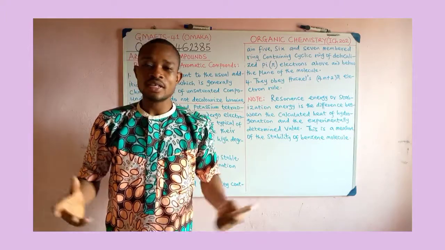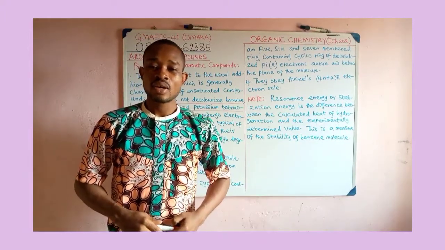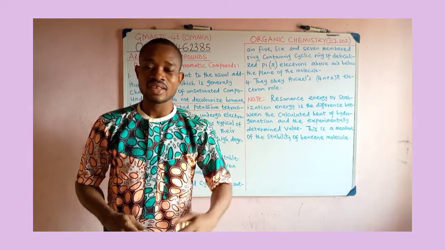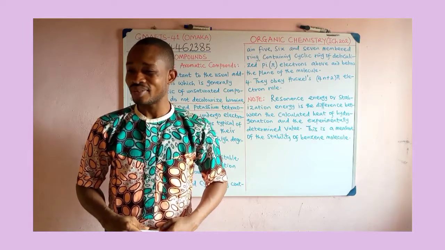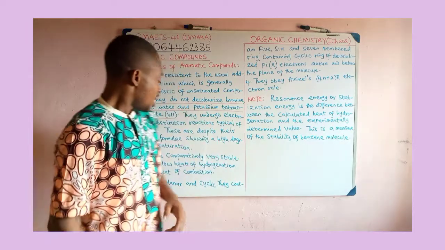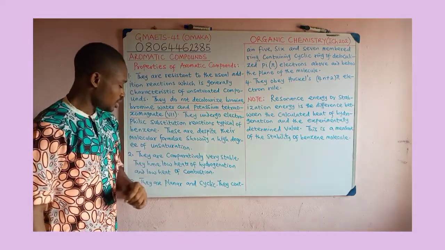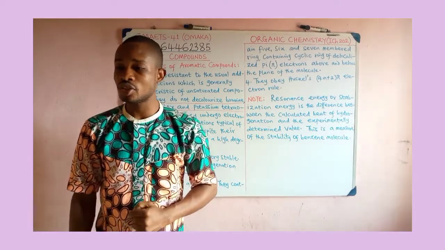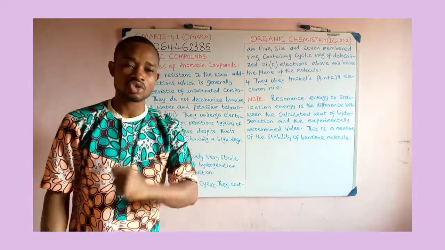Is that okay? Hence, we cannot classify aromatic compounds, for example benzene, as unsaturated compounds. We can't say that. Alright, now let us look at the second property. They are comparatively very stable. They have low heat of hydrogenation and low heat of combustion.